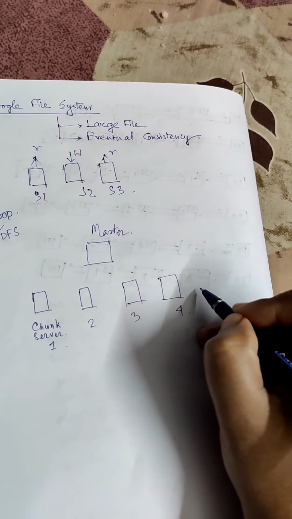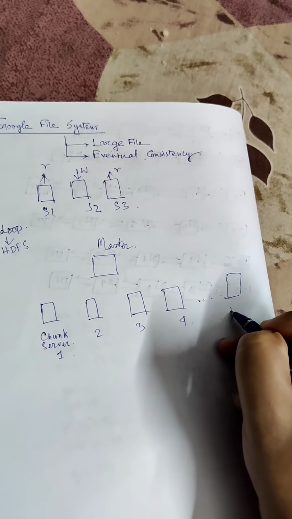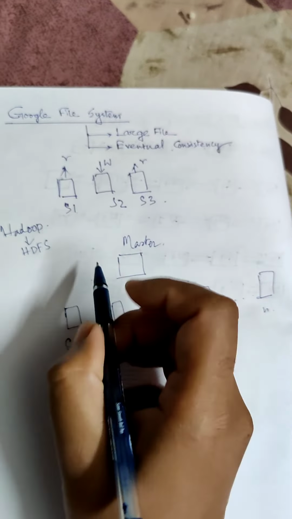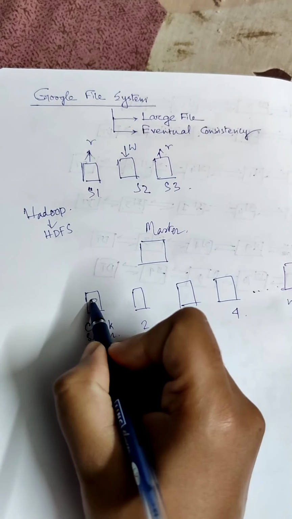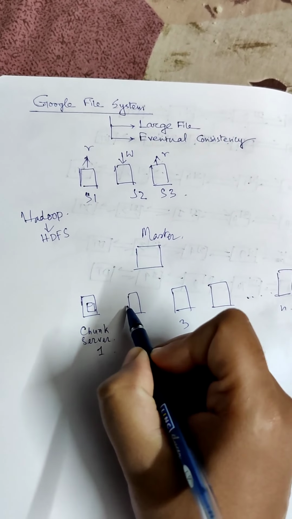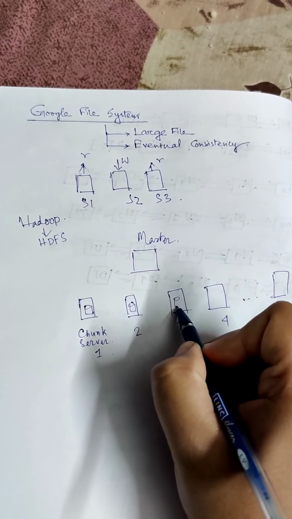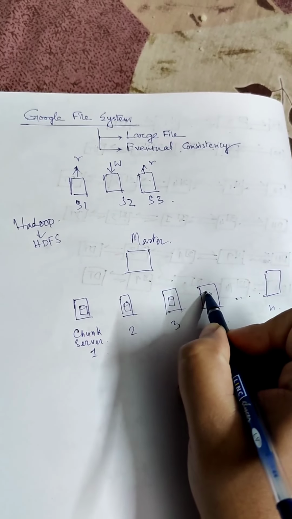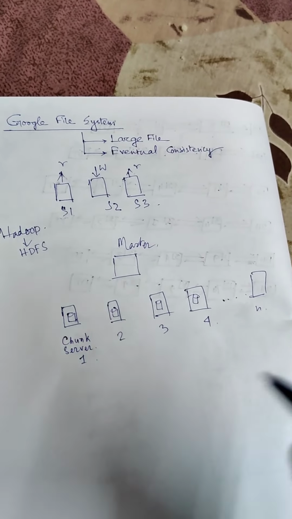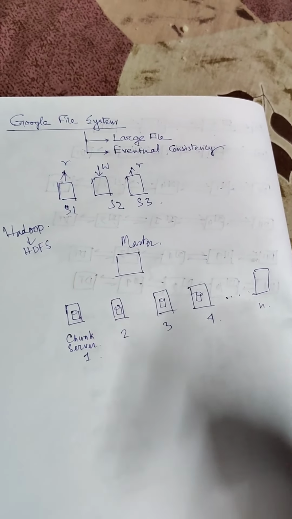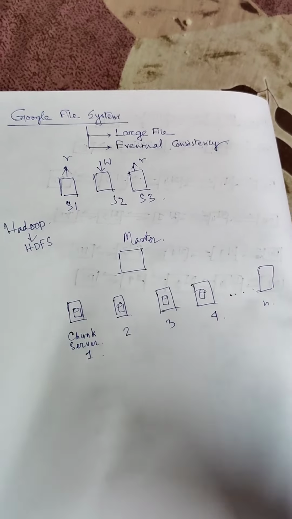Suppose there are n chunk servers. Each has its own data storage, and they are basically commodity hardware, so they have a tendency to fail. That is why it goes with replication.